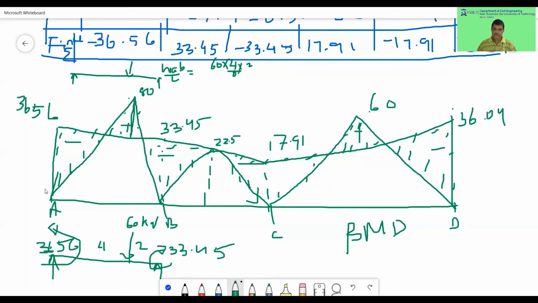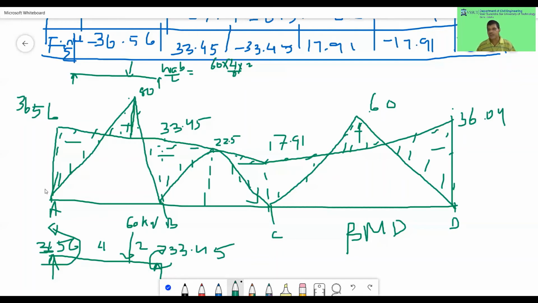So that part you can do yourself and then find the results for that. In addition to that, because the problem will be lengthy, they may not ask to find out this shear force diagram, and you can only draw the bending moment diagram. If at all the question comes shear force diagram, then you have to split each span and find the equilibrium of each span.